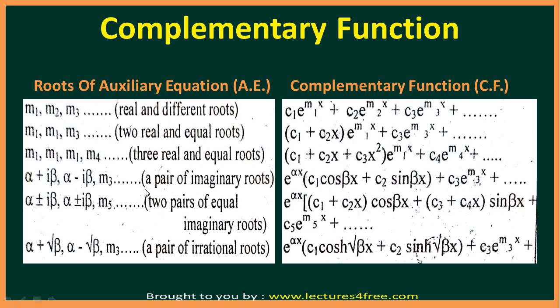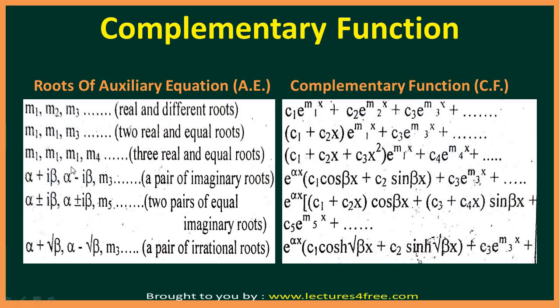Okay, now let's consider the next case. When you get a pair of imaginary roots, imaginary terms you will generally get in pairs, because imaginary terms come from square rooting negative numbers, so you will get plus minus terms. Let's suppose you got alpha plus i beta and alpha minus i beta.